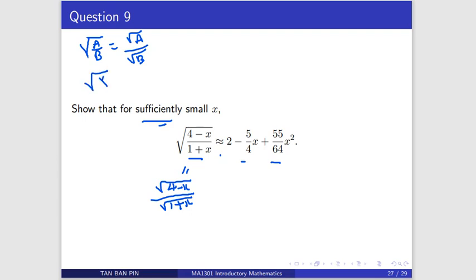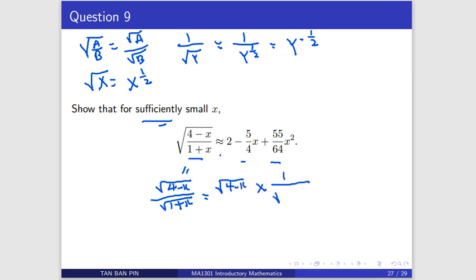And then remember, square root of x is x power half. Then 1 over square root of y will be 1 over y power half, so it becomes y power minus half. So that's what we're going to do. That means we take it as square root of 4 minus x multiplied by 1 over square root of 1 plus x.